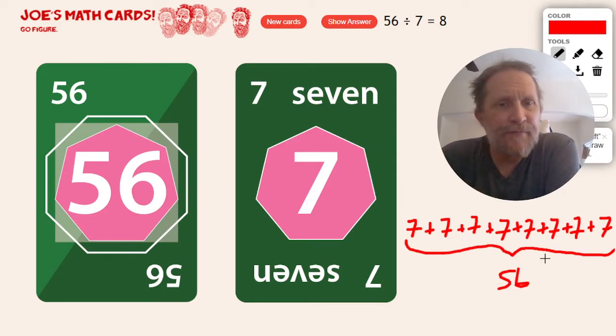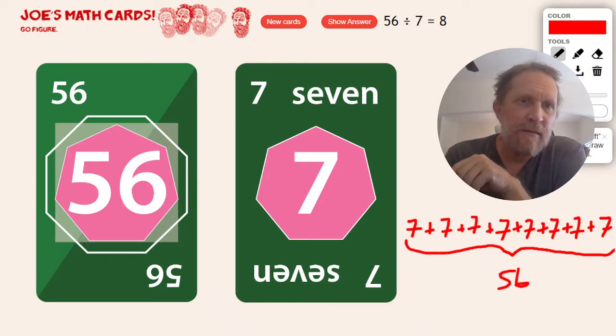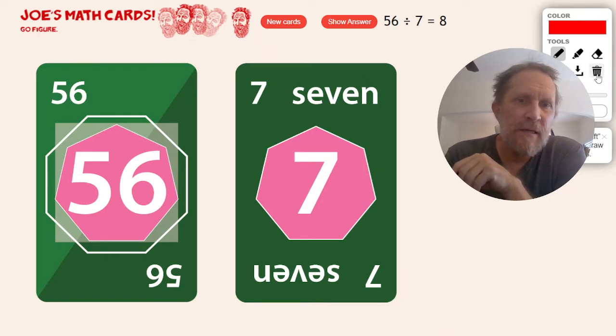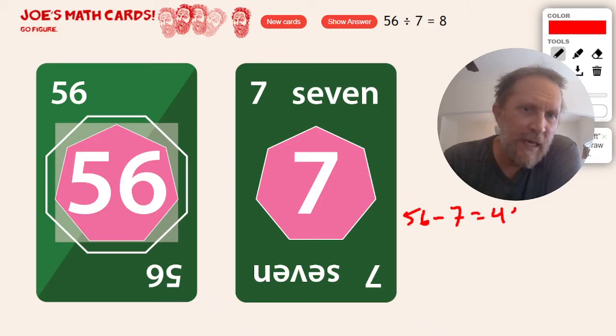Now, if I've got this, you can see that what division must be is I start at 56 and I subtract 7. So what if I've got 56 minus 7? Well, that'll equal 49. Then I'll do 49 minus 7. That'll equal 42. Then I'll do 42 minus 7.